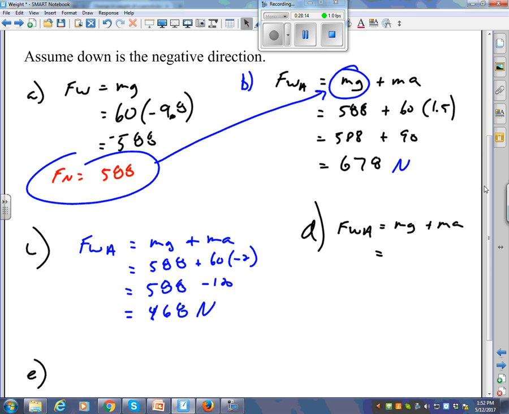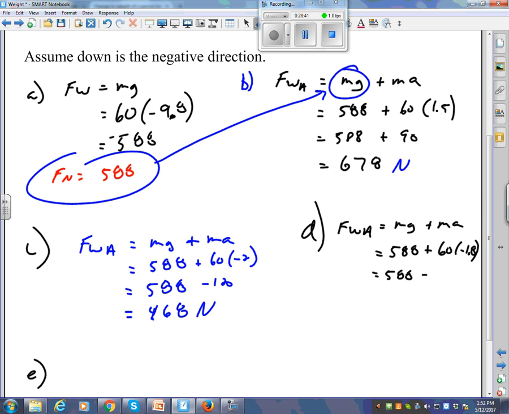Mass times gravity is, again, 588. Which direction is the acceleration this time? I'm going down, right? 60 times minus 1.8. So that's going to be 588 and 60 times 1.8?